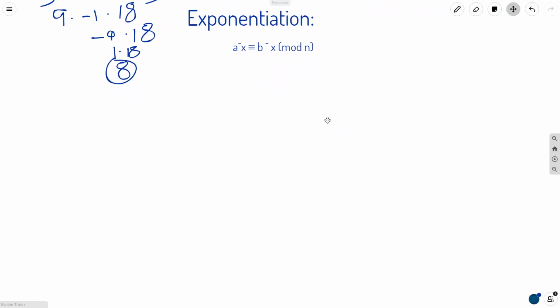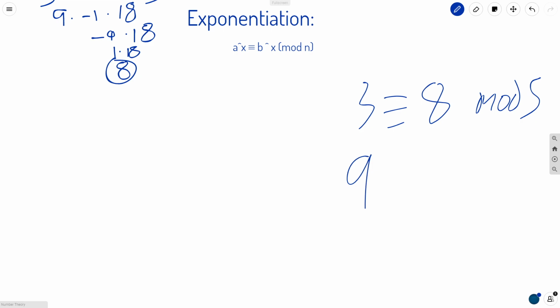And lastly, exponentiation, which is again just repeated multiplication, also holds true here. So if we had 3 equivalent to 8 mod 5, if we raise both sides to the second power, we get 9 equivalent to 64 mod 5.